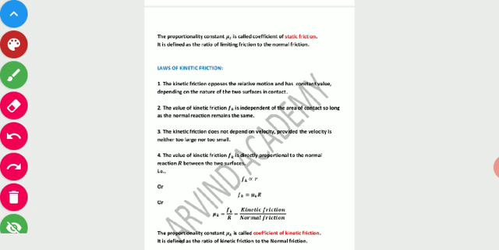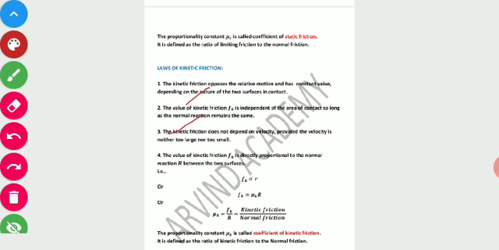So basically kinetic friction opposes the relative motion and has a constant value. It opposes the relative motion. Secondly, the value of kinetic friction is independent of area, as we studied earlier in limiting friction, that it does not depend upon the area.